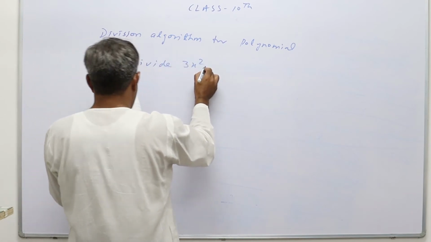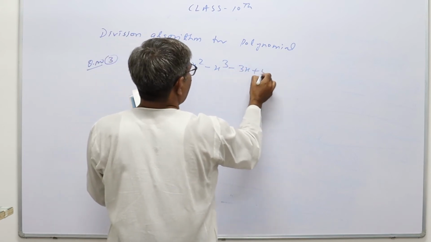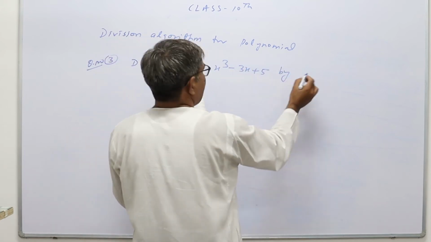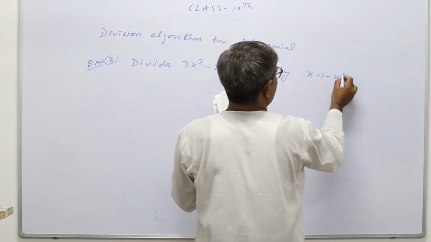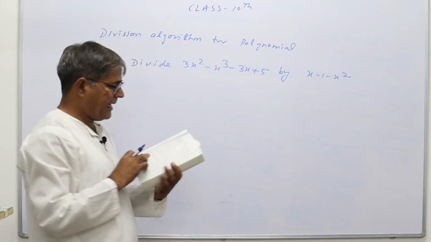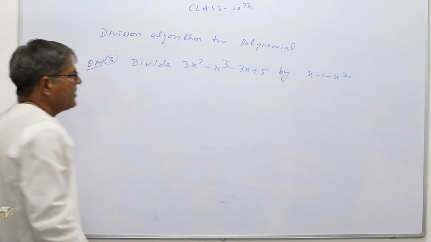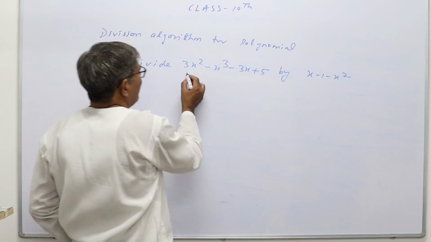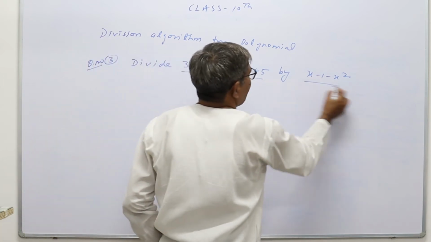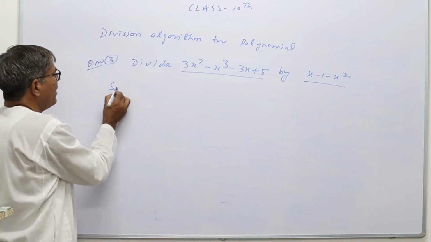3x square minus x cube minus 3x plus 5 by x minus 1 minus x square, and verify the division algorithm. So first of all, one polynomial is this, another polynomial is this. So how will we divide?